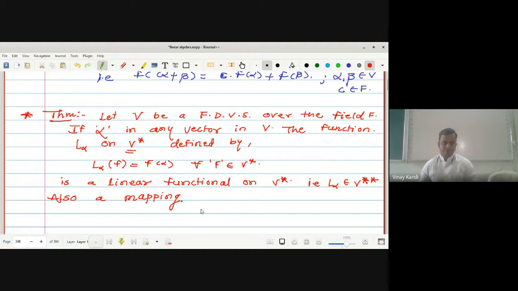Also we define one mapping alpha to L alpha.